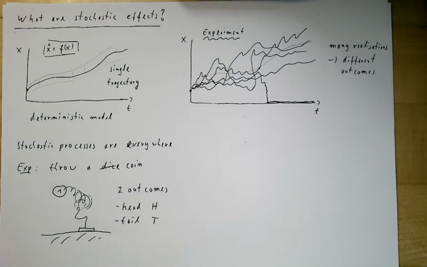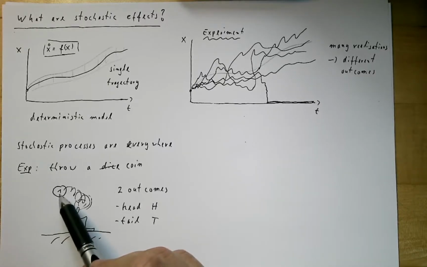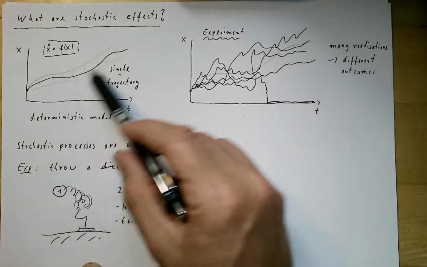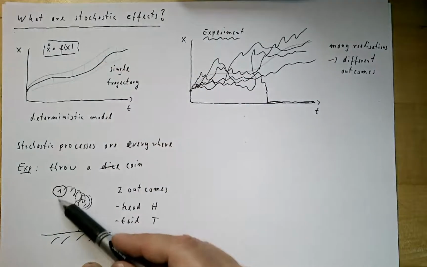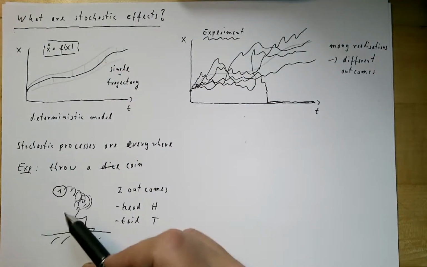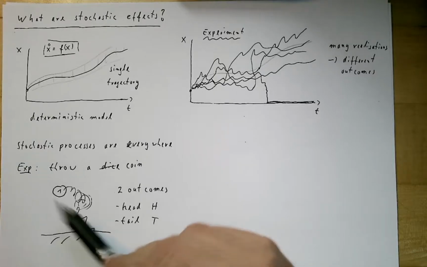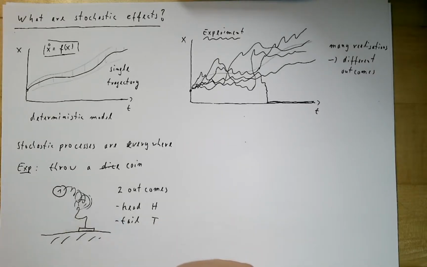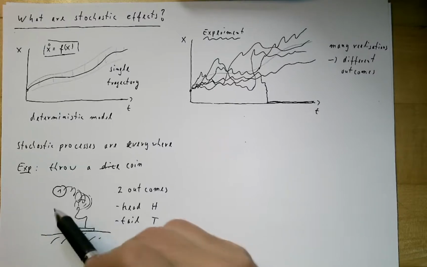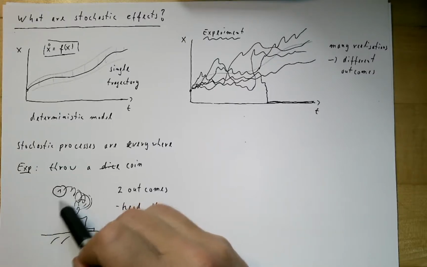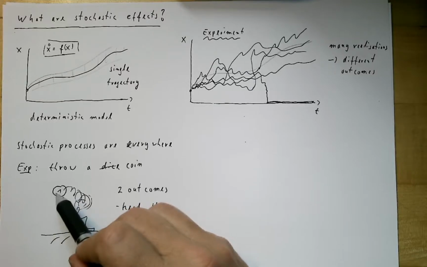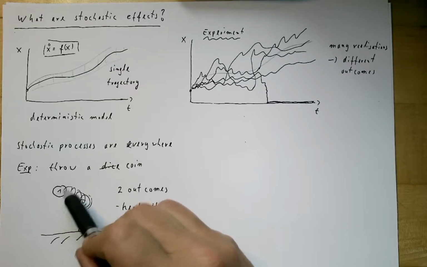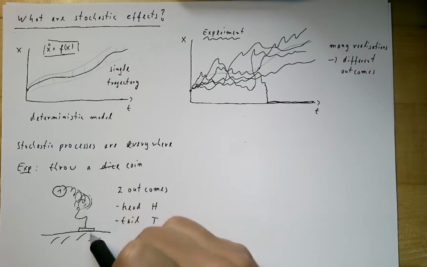And now in principle you could say, I could set up a deterministic model, which not only has only a single state variable, but more. It's a higher dimensional model. But now forgetting in the moment about quantum mechanics and so on, in principle this is a deterministic process. And if I know the initial position, orientation and velocity of my coin, in principle I could calculate what is the outcome.